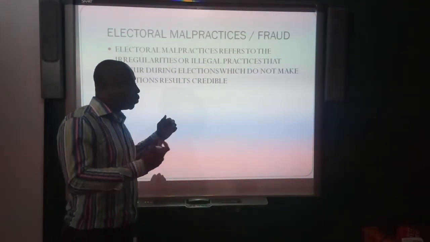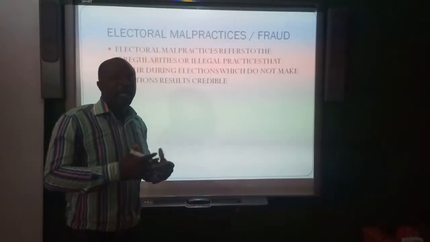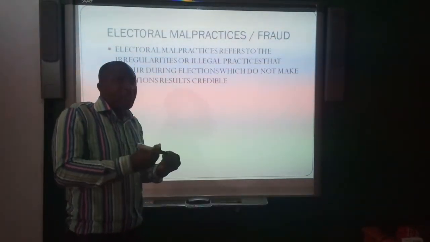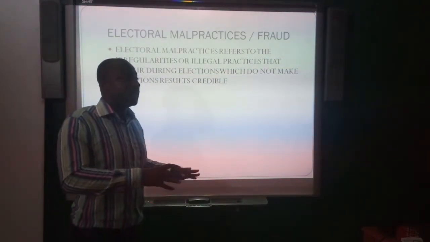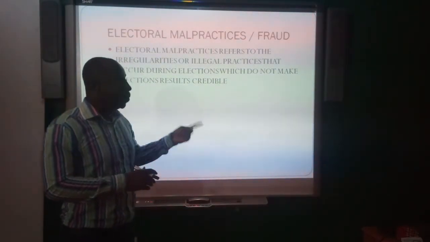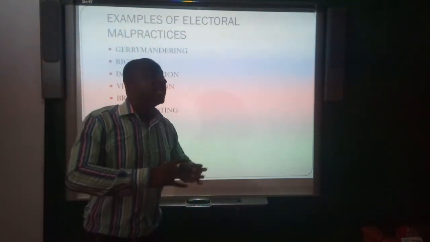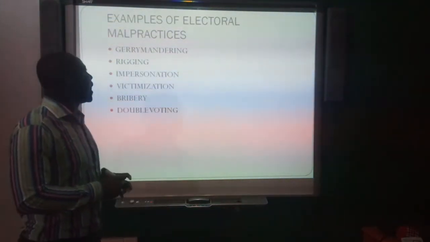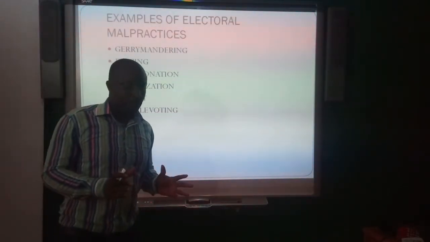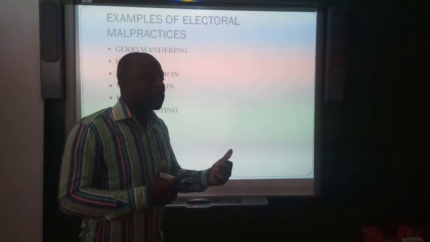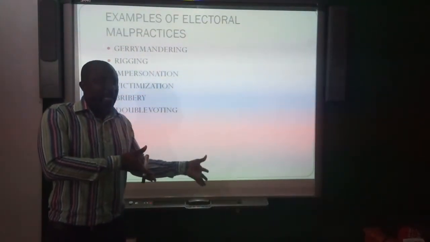We are going to move forward by looking at some of the electoral malpractices, the irregularities that people engage themselves in, which mar the beauty of election, in our country. First, we will look at what we call gerrymandering. When election is being conducted, citizens can engage in illegal practices.